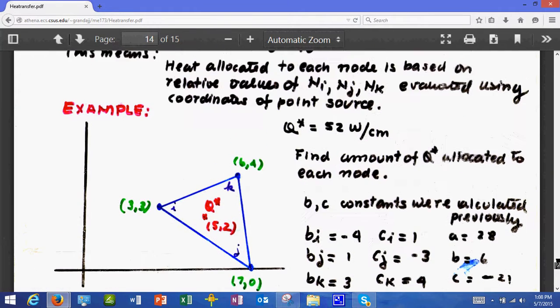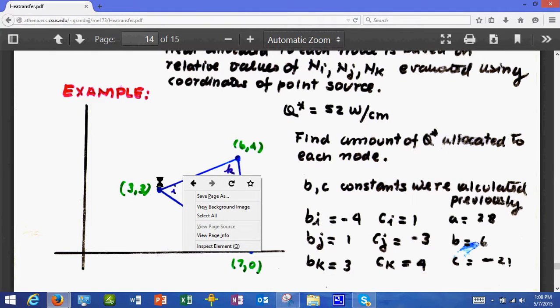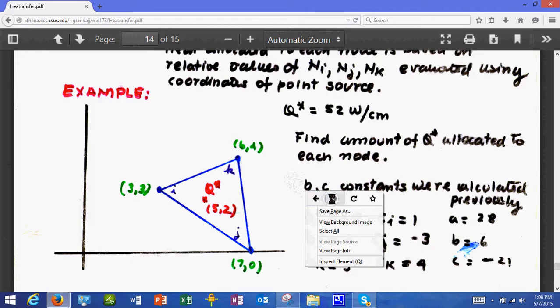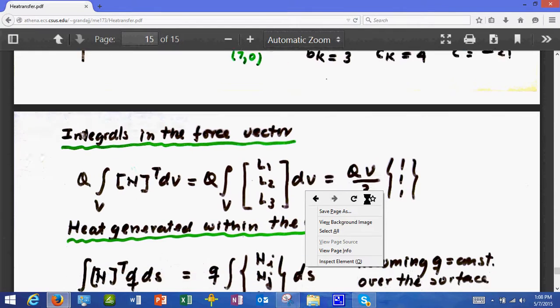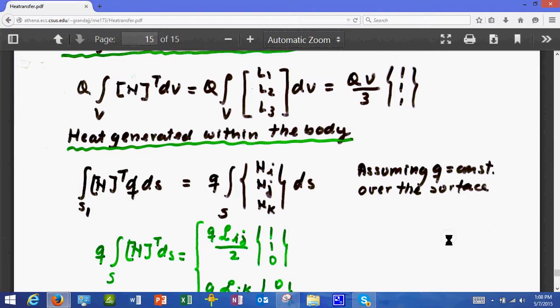Okay, here's an example where you have a triangular element. Now we have everything. And then follow the equations that we learned in chapter 7 on those matrices.